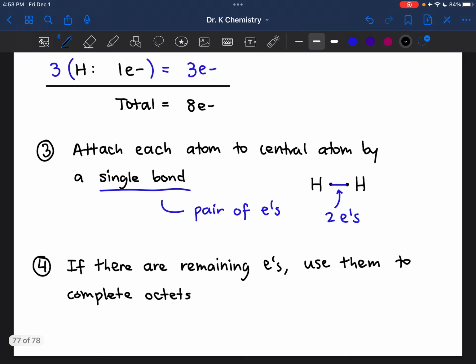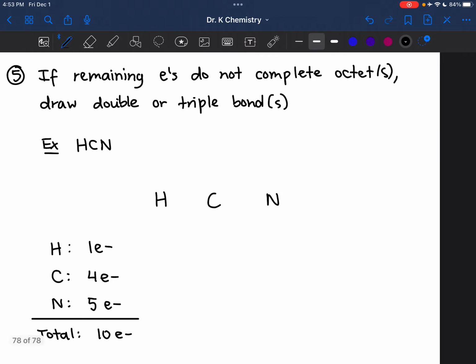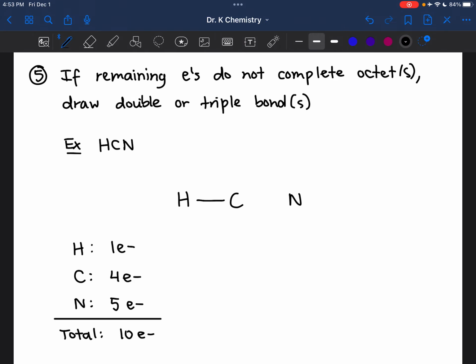So using rule number 3, I'm going to start by drawing single bonds. And this used 4 valence electrons so far. So 2 electrons in this bond, 2 electrons in this bond. We still have lots more valence electrons to go.